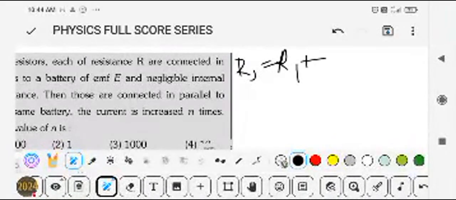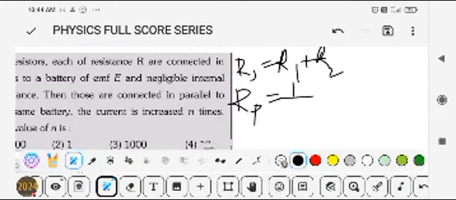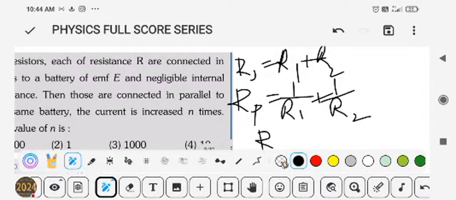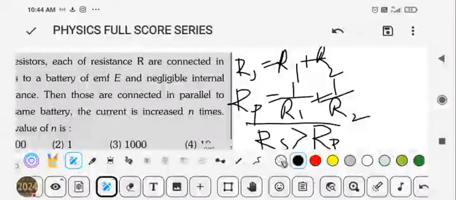But in parallel, what happens? That is 1 by R1 plus 1 by R2. If this is the case, if the same data is given, the series resistance is always greater than the parallel. But they are asking for the ratio, so how much will the ratio be?